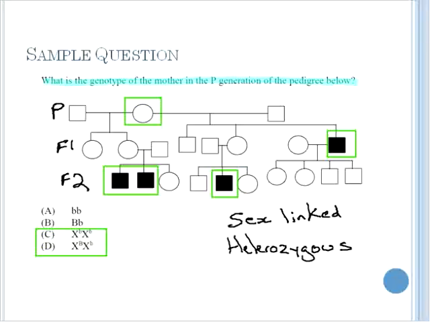So the correct answer then would be D, XB, X little b. We know it is sex-linked as it is entirely males that have the trait. Because the mother does not display the trait herself, she must be heterozygous. Therefore D is the correct answer.